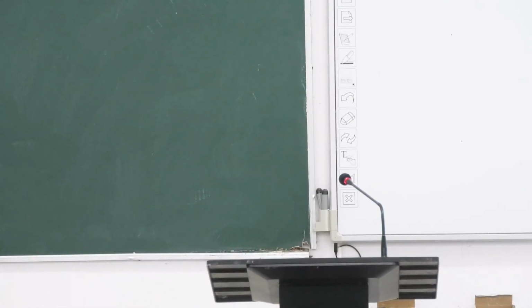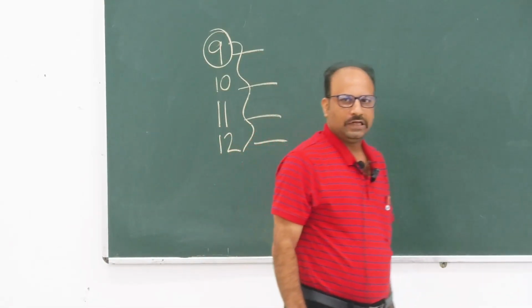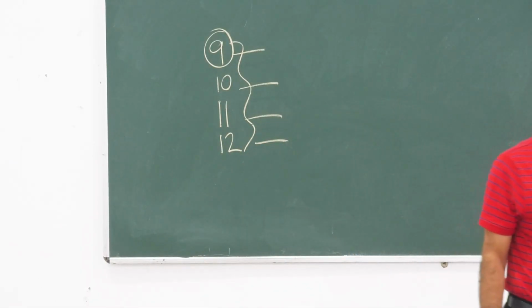I will start from the 9th cranial nerve. There are so many functional components and nuclei inside the brain for the 9th cranial nerve. The functional components and nuclei will be discussed by Dr. Sapon sir.